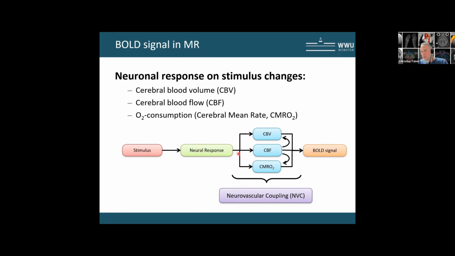And this, in the end, gives rise to the BOLD signal. If you would be in the MR scanner, I guess most of you are not right now. However, this connection between the neural activity or response and the BOLD signal is very complicated. It's called the neurovascular coupling and depends on the cerebral blood flow, cerebral blood volume, so flow and volume, and on the oxygen consumption.